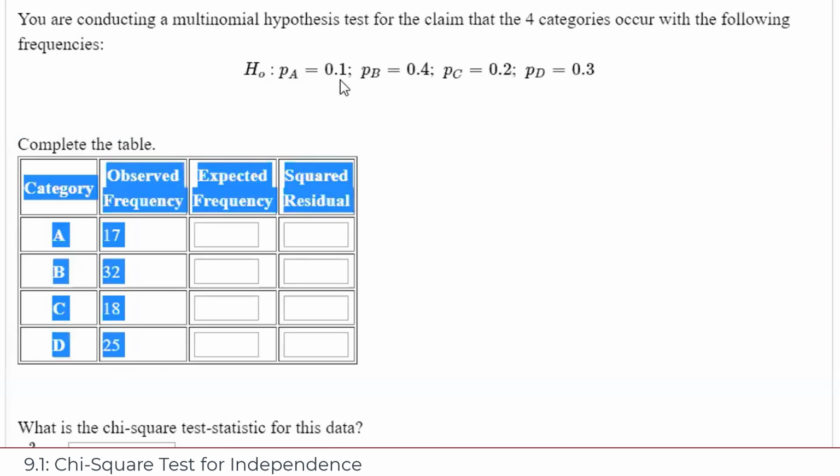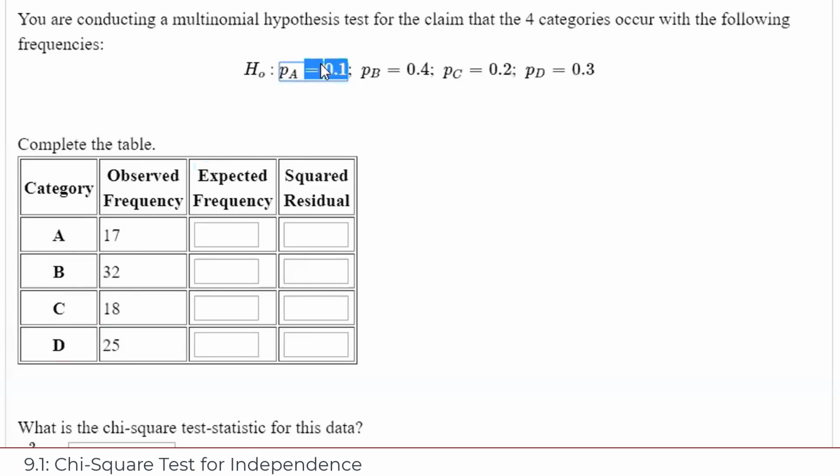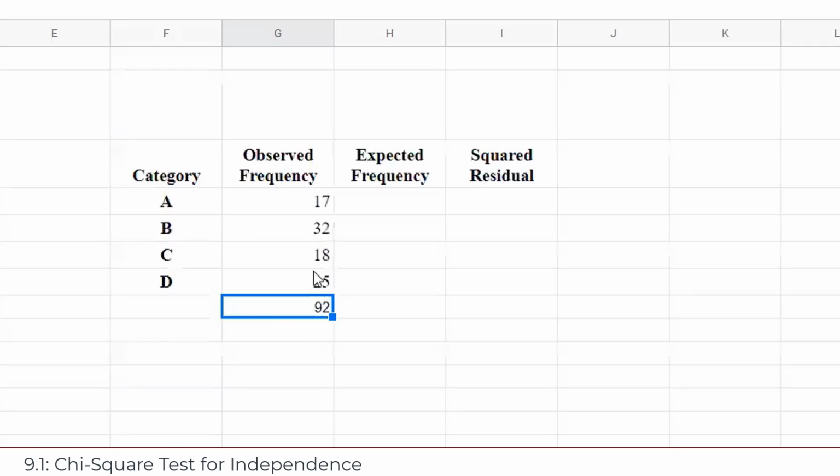Back in the beginning, I'm told that 10% of them are in category A, 40% are in category B, 20% are in category C, and 30% are in category D. So 10, 40, 20, 30. So if I go back here, my expected frequency of these 92, I would expect 92 times 10%, 0.1.